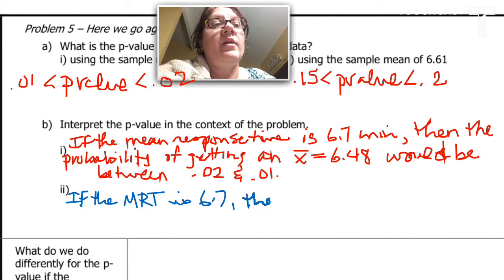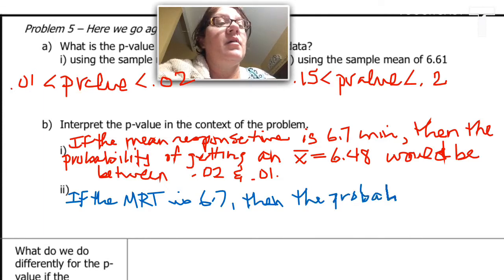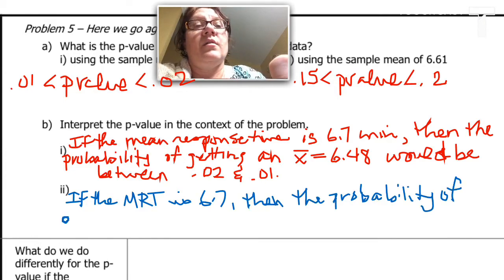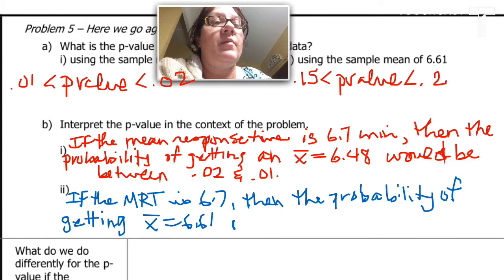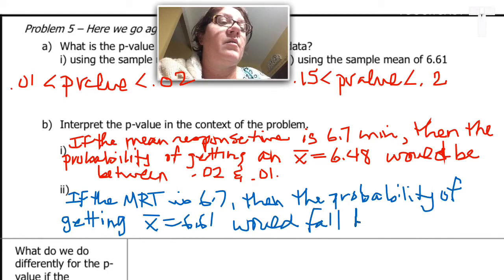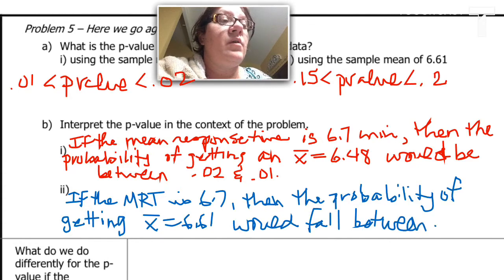So for the second one, then the probability of getting a sample mean that's 6.61 would be between 0.2 and 0.15.